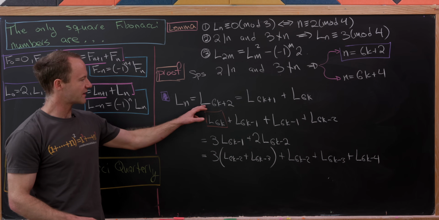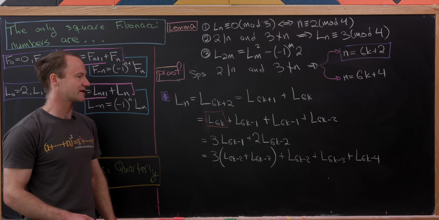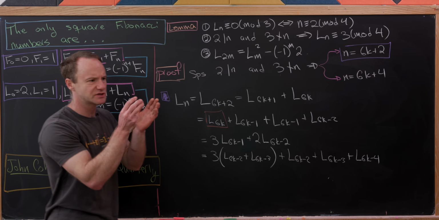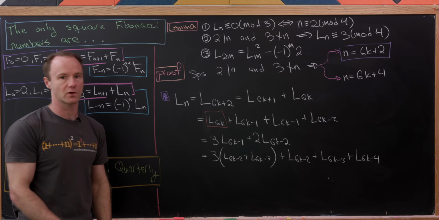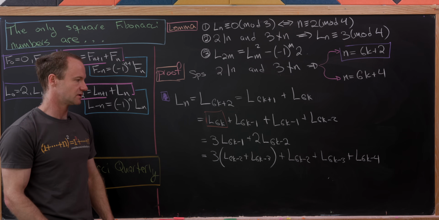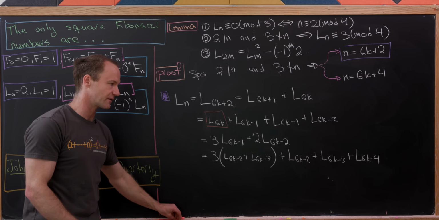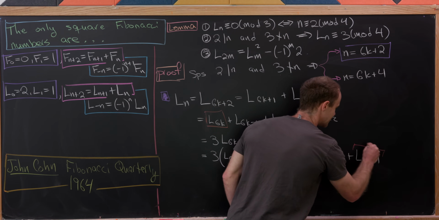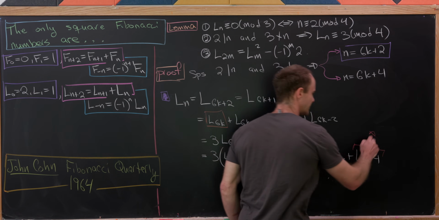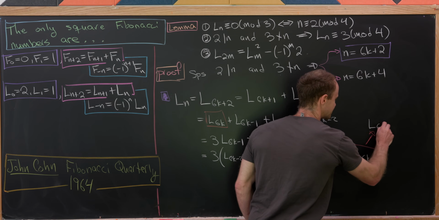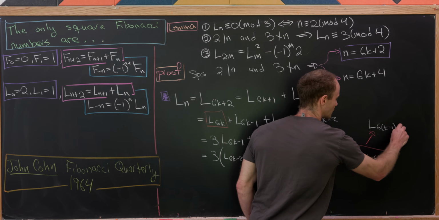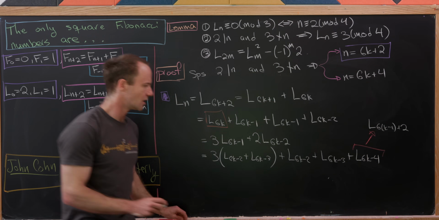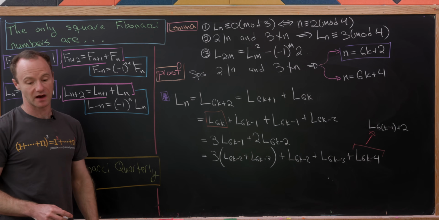Well, since we're working with a number of the form 6k plus 2, we need to get down to the previous number of the form 6k plus 2. But the previous number of the form 6k plus 2 is 6k minus 4. That's because we can envision this as L sub 6 times k minus 1 plus 2. Oh, but that means we've gone deep enough.